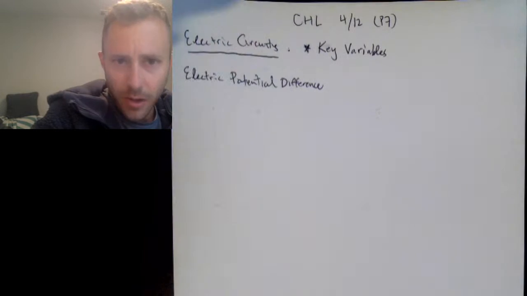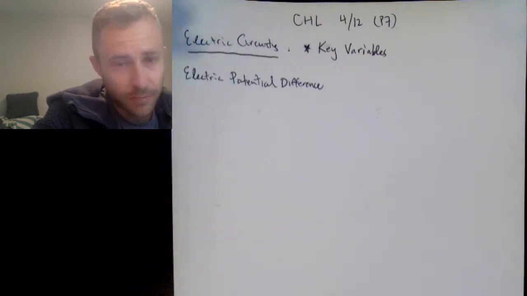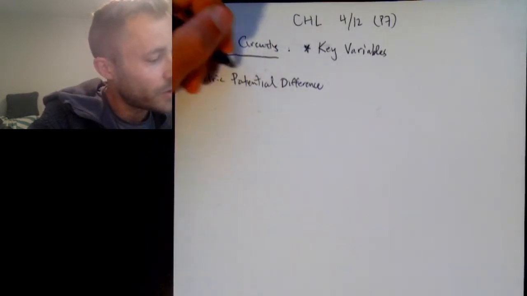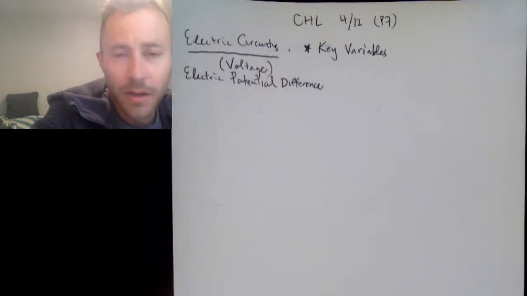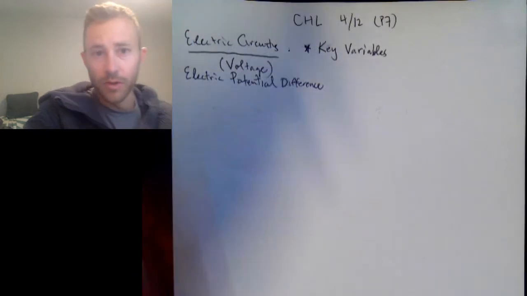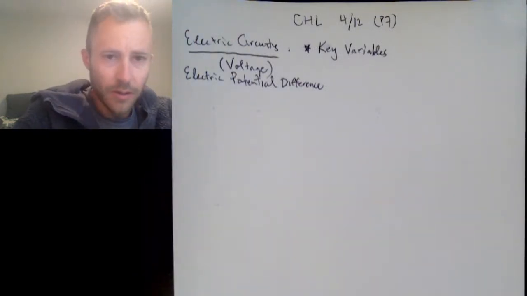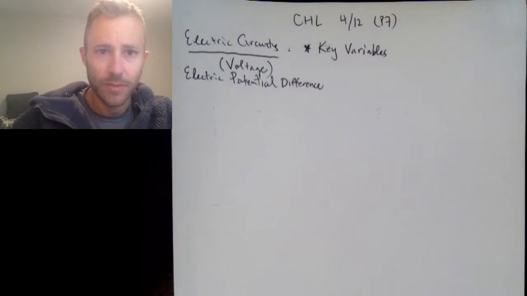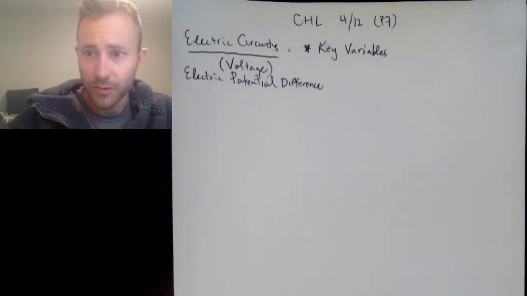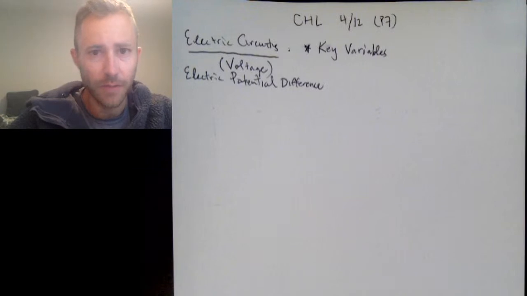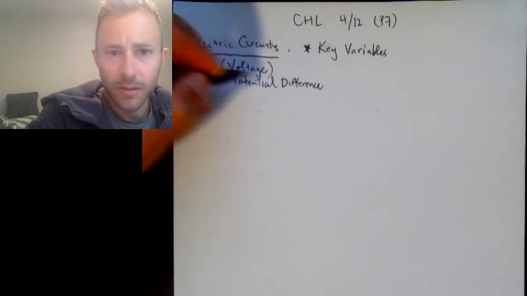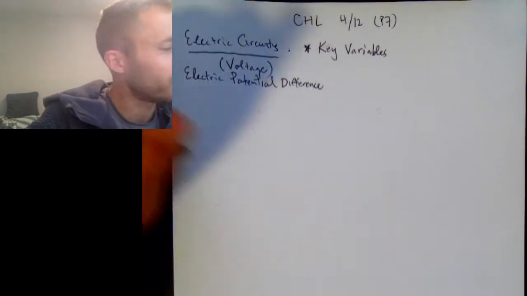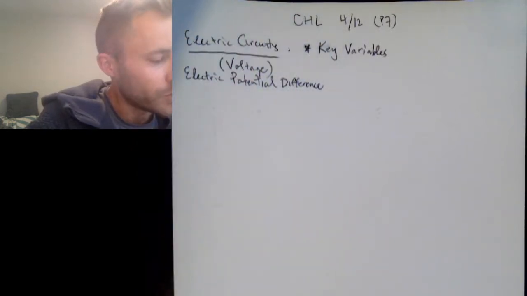In the context of circuits, I will be calling this voltage pretty much 100% of the time. We learned about electric potential without referencing circuits, but when we're talking about it in the context of circuits, it is voltage.